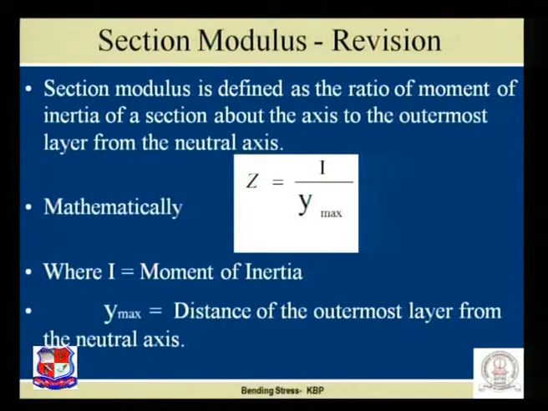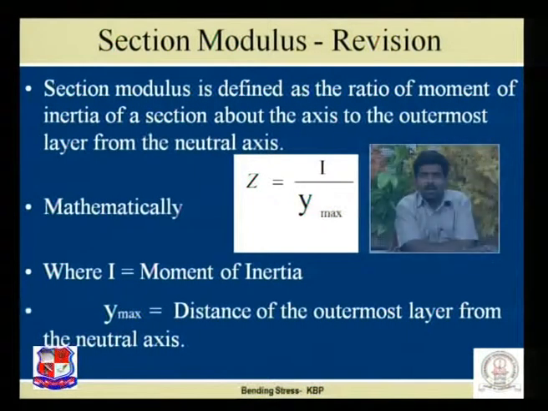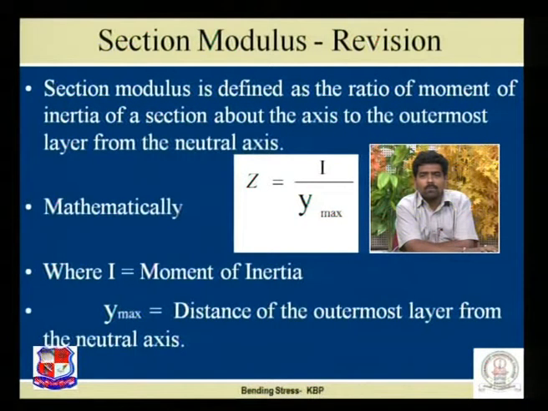Let us revise once again what the section modulus is and how it can be found out for four different known sections. Section modulus is defined as the ratio of the moment of inertia of a section about the axis to the outermost layer from the neutral axis, that is Z is equal to I by Y max. Mathematically, where I is the moment of inertia and Y max is the distance of the outermost layer from the neutral axis, Z is equal to I divided by Y max.